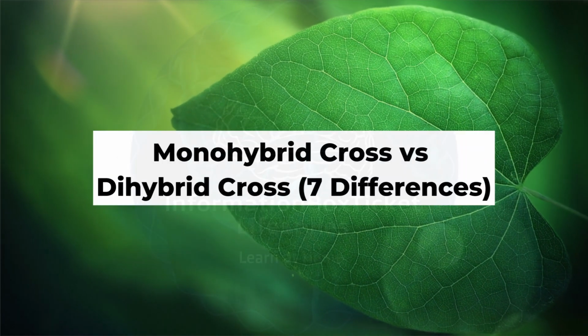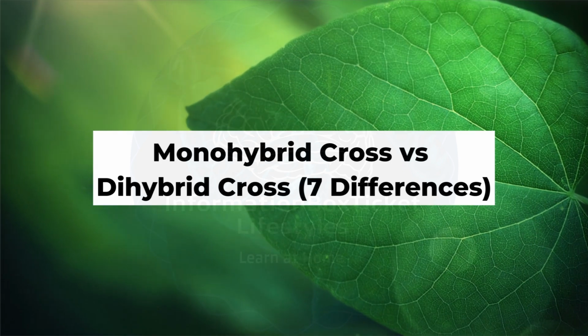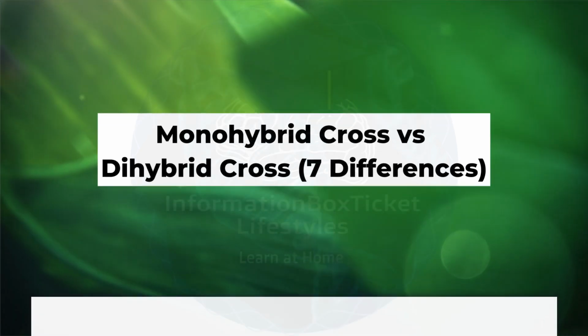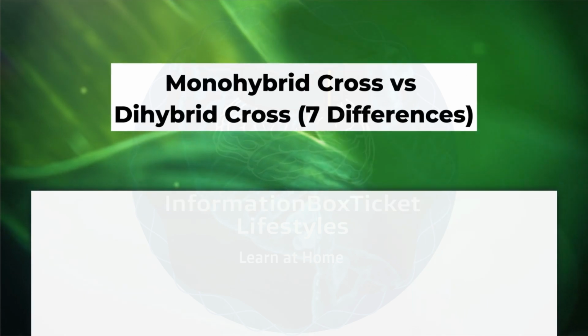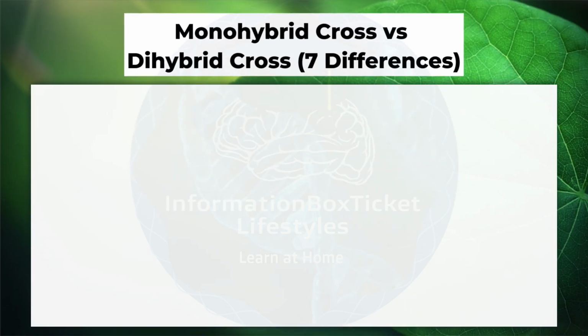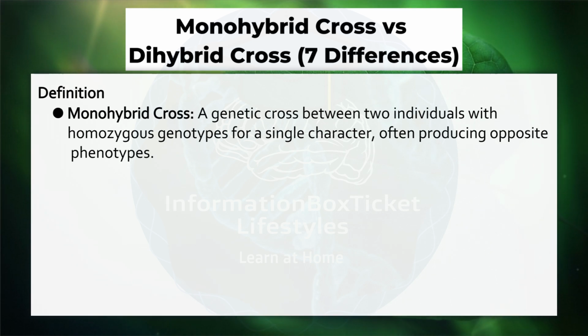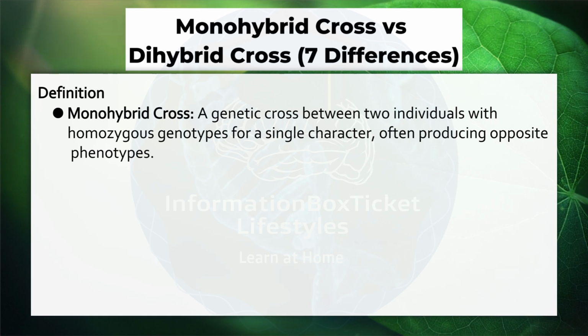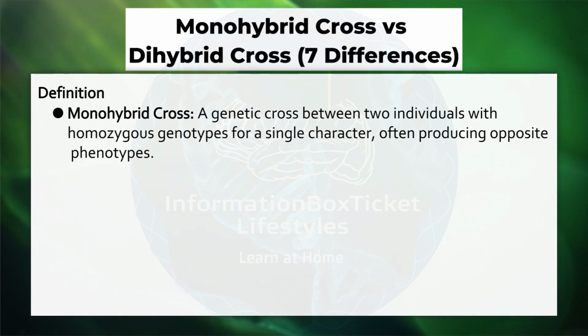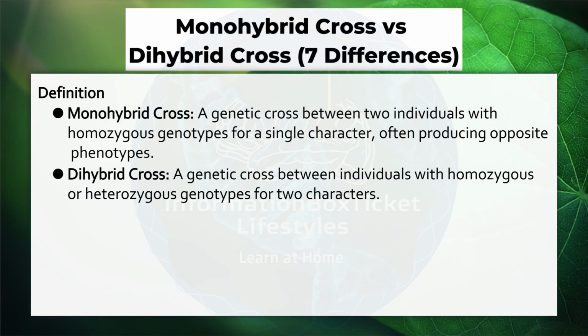Monohybrid cross versus dihybrid cross. 7 differences. Definition: Monohybrid cross. A genetic cross between two individuals with homozygous genotypes for a single character, often producing opposite phenotypes. Dihybrid cross.